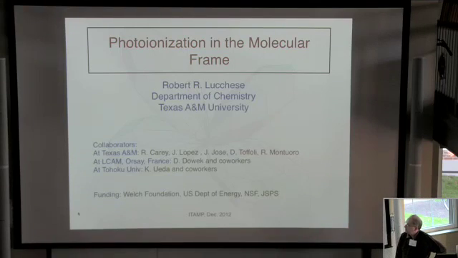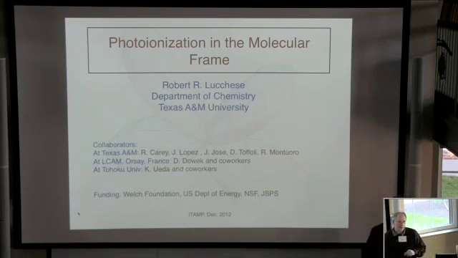What I'm going to talk about today is some simplified things that we've done looking at photoionization, where you can actually look at where the photoelectron goes in the molecular frame. In principle, when I was a graduate student ever so many years ago, 30 years ago, all the experimentalists could do, with polarized light and a randomly oriented sample, was look at where the photoelectron went relative to the polarization of the light.